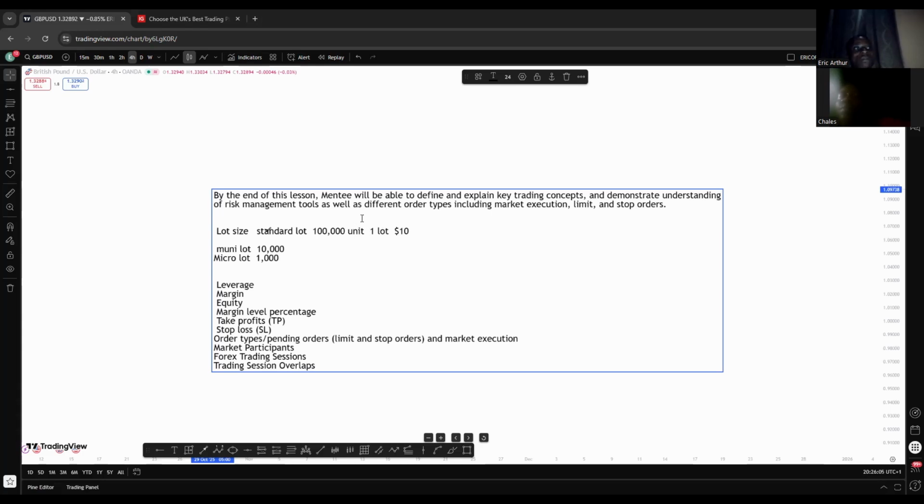So basically, that means if you have $100, the market only has to move 10 pips. Actually, you are in loss. Your account is gone. Yeah. You get it? That's how the standard lot size is.